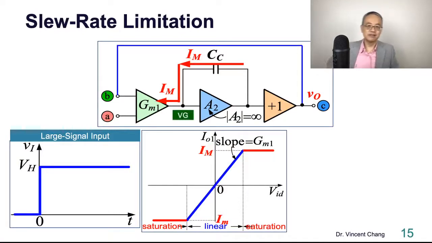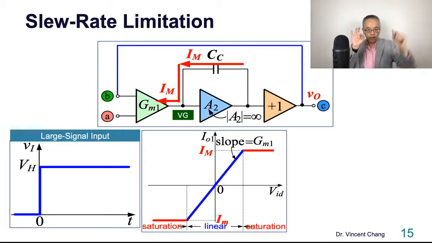So now, because the gain is huge, in reality the typical value of A2 is around 500, but we can assume it's infinite, it's huge. That means the voltage at the input terminal of the second stage can be assumed as virtual ground. VG represents the virtual ground.